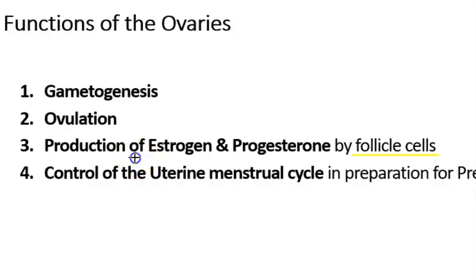The lining of the uterus thickens to prepare for pregnancy, and if pregnancy doesn't occur, then it thins again. All of that function of the uterine lining is controlled by the ovarian hormones. So the ovary sends out hormones via the bloodstream that reach the uterus, and those hormones control the menstrual cycle. In this lecture, we won't talk about the uterus, we'll just talk about the ovary.